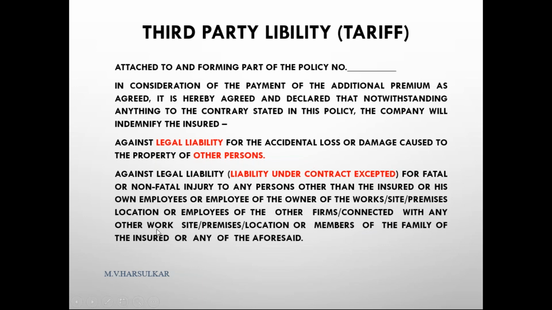All contractors' workmen will be excluded, and members of their families. Many times at project sites, and even in many factories, the workers stay with their families at the insured location. Their family members also cannot come under third party liability.